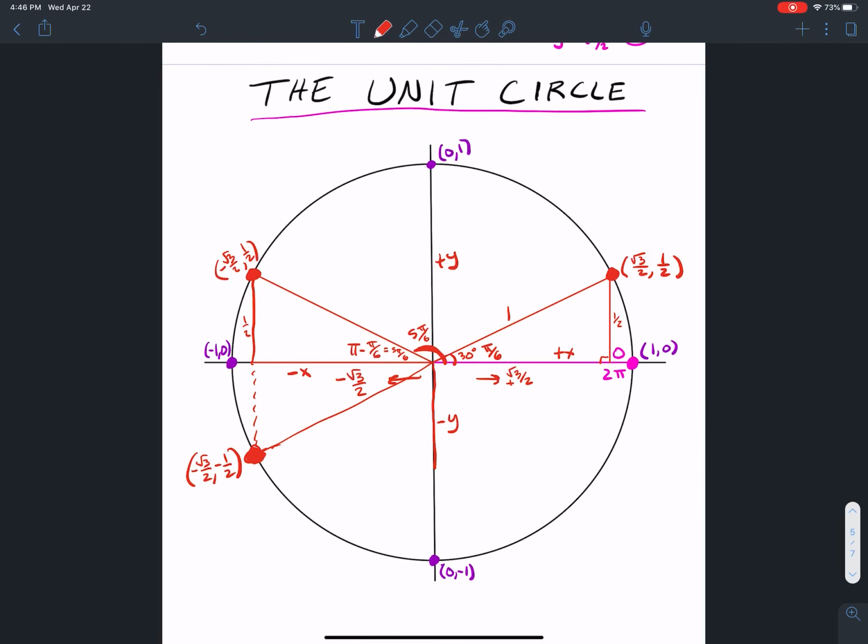Okay? And then this point here, what's going on? I have a negative y value, so I have negative 1/2. But my x value is still a positive x value. So what is it? It's square root 3 over 2.